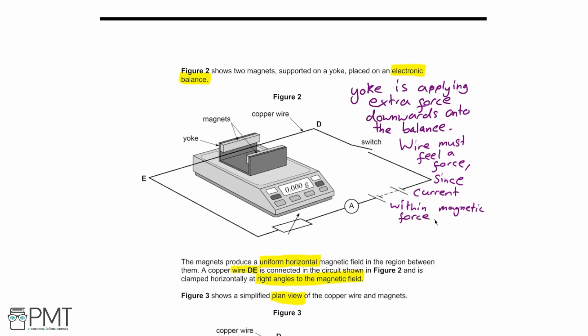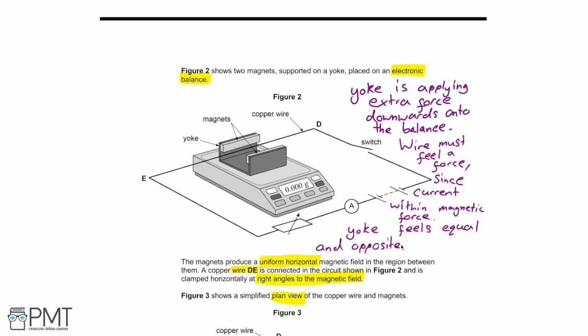Then we need to think about which objects are interacting. Specifically, the magnets and the yoke are interacting with the copper wire. Then, since the copper wire feels a force, the yoke must also feel an equal but opposite force due to Newton's third law.